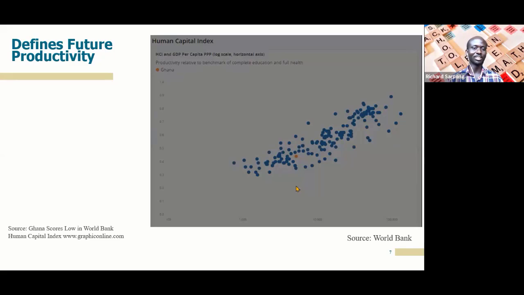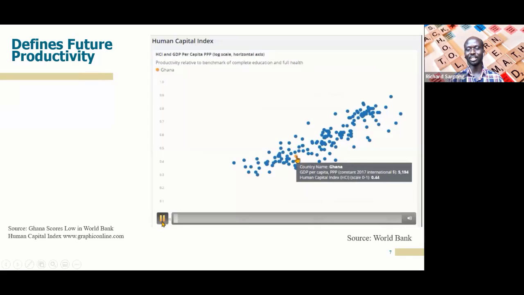If you look at the recent data on the Human Capital Index by the World Bank report, this composite development indicator was first published in 2000 and tells us something about the quality of learning and the quality of education that students experience in this country.